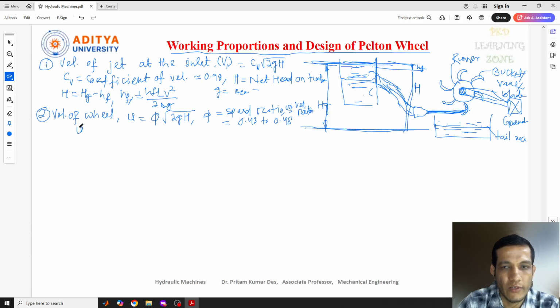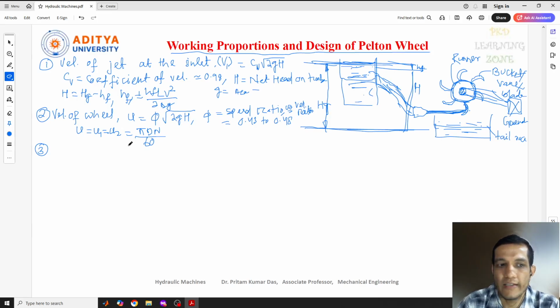The velocity of the plate, if given, can also be calculated by this formula, u, u1, u2, all taken as pi dn by 60, where d is the diameter. This is one formula, this is another one. We can use any one to calculate this, based on the data given.